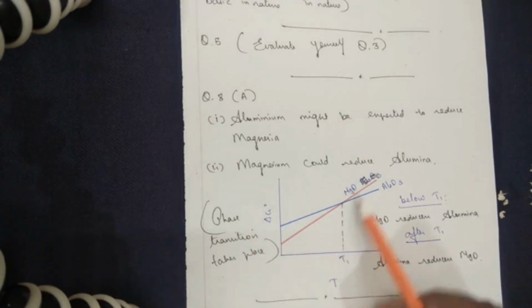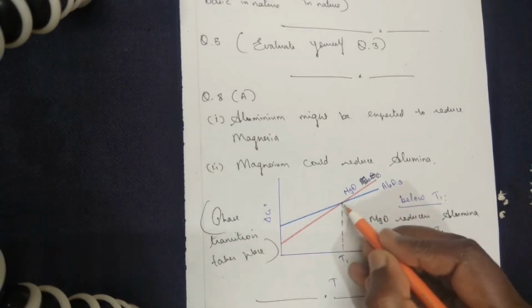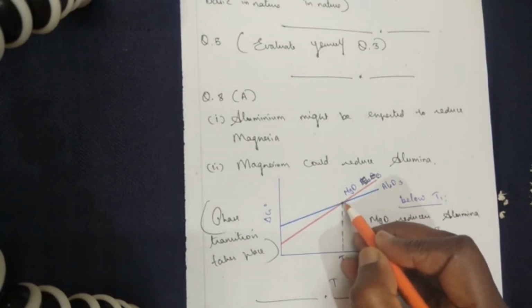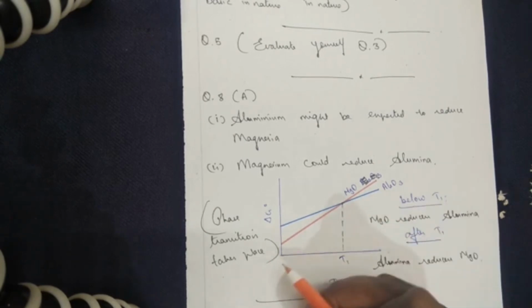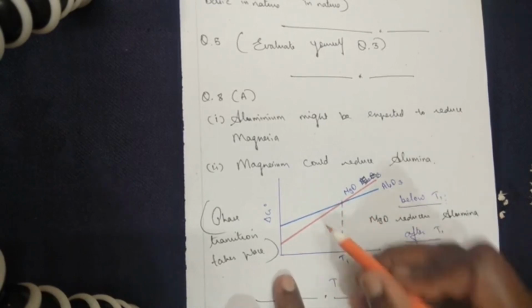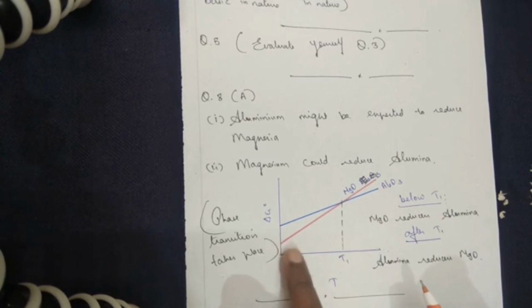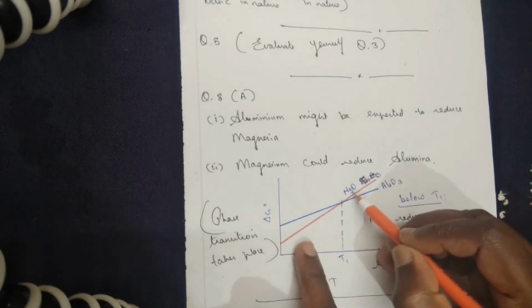Now if you remember, when you see a crisscross type of graph, phase transition takes place. In a phase transition, you need to identify the temperature relevant to the point of intersection. Take the temperature appropriate for the point of intersection to be T1. Just look below T1, before T1, which line happens to be the lower line? The red color line is lower, and the red color line is appropriate for magnesium oxide.